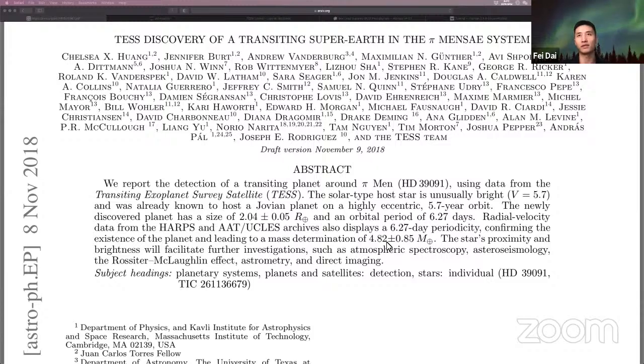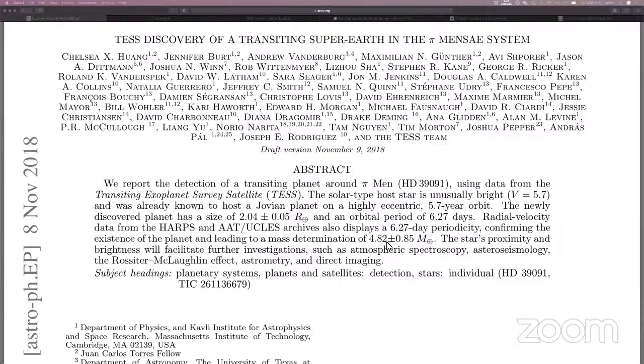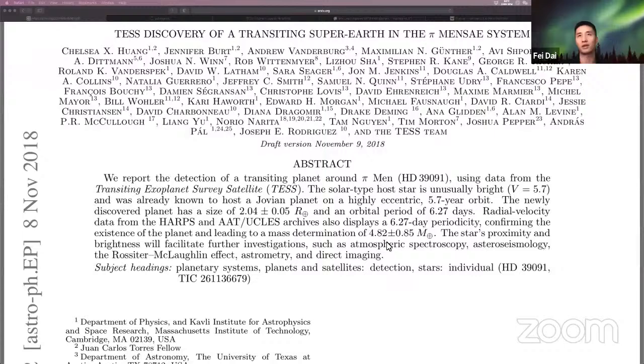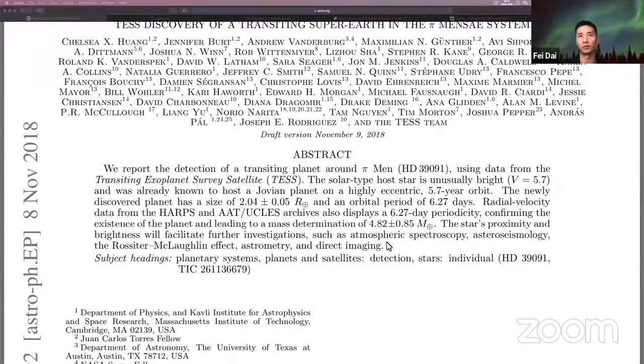So the importance of this system is that, as I mentioned earlier, it is one of the very few stars hosting a planet that is also visible to the naked eye, meaning that the host star is really bright. And this makes the planet amenable to a bunch of follow-up observations, such as atmospheric spectroscopy and asteroseismology, which I don't think I mentioned yesterday.